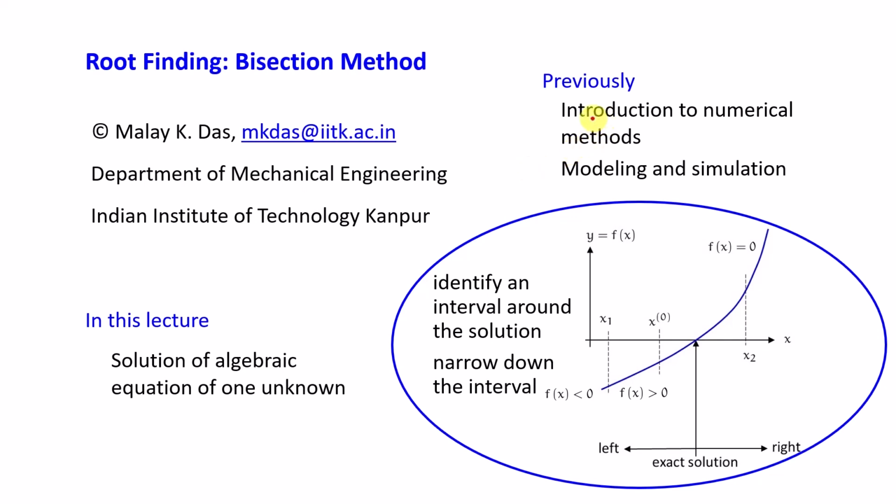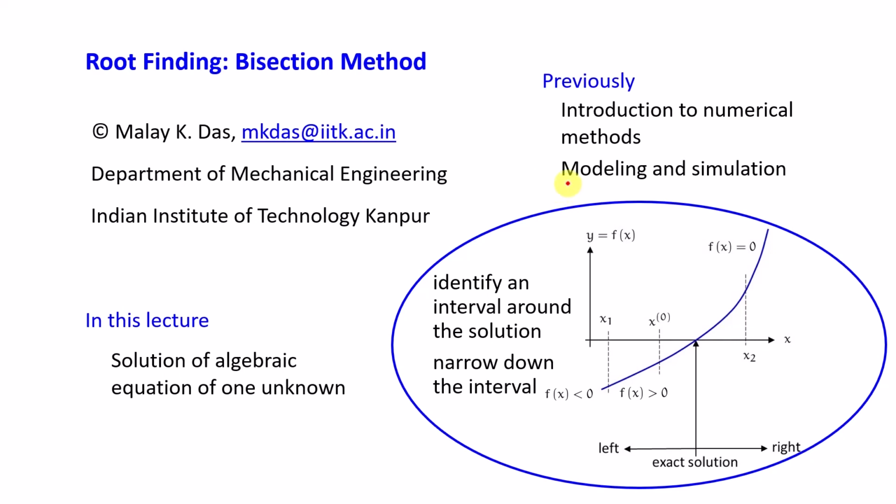Previously, we have discussed several aspects of numerical method. First, we have talked about what we exactly do when we apply numerical methods for problem solving, and then we have established that the problems we solve in numerical methods usually come from physical phenomena.